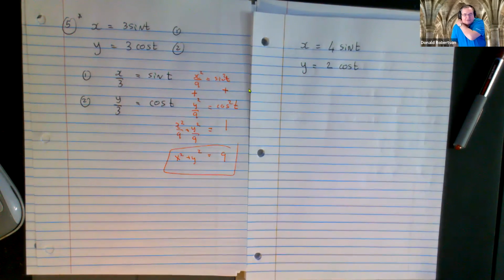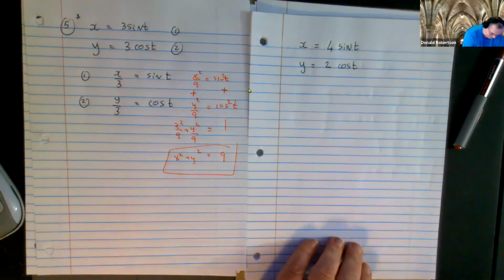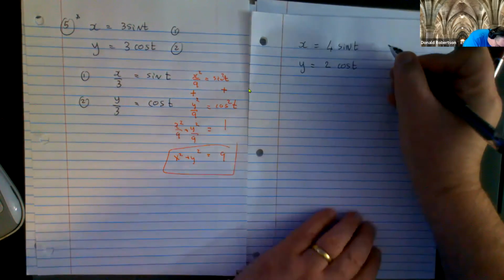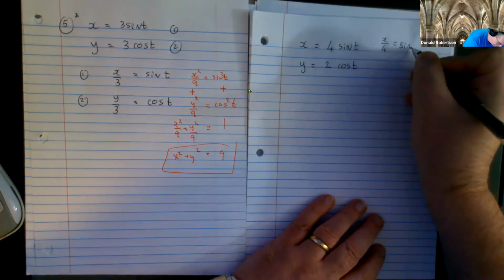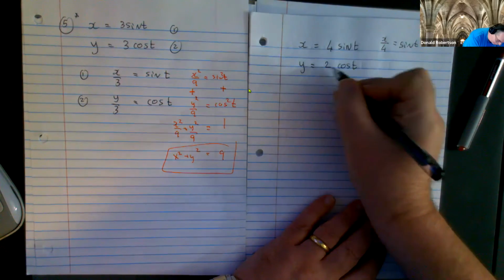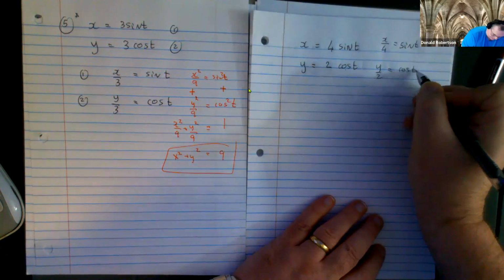Okay. Try another one of these sine cosine combinations. x equals 4 sine t, y equals 2 cosine t. If I divide both sides by 4, I get that. If I divide both sides by 2, I get that.